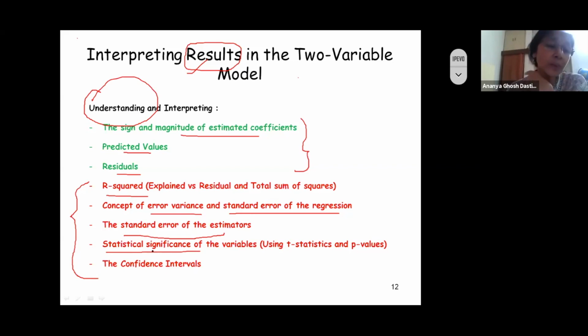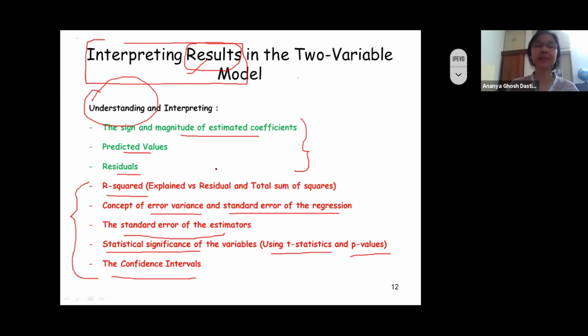So we will talk about hypothesis tests, how to do those using t-statistics, how to do those using p-values, and also talk about the meaning of confidence intervals. So do you see that's a whole list, right? And all of that can be put in this box of interpreting results in the two variable model.